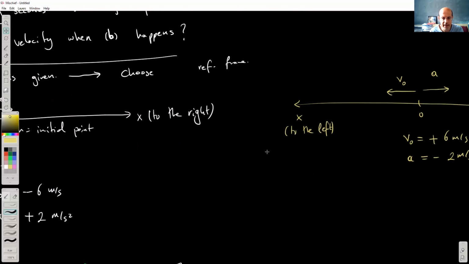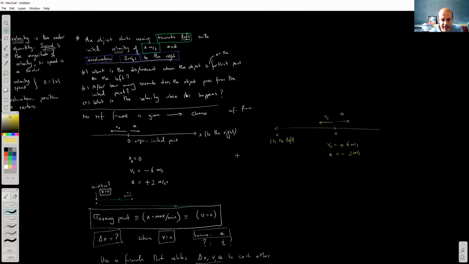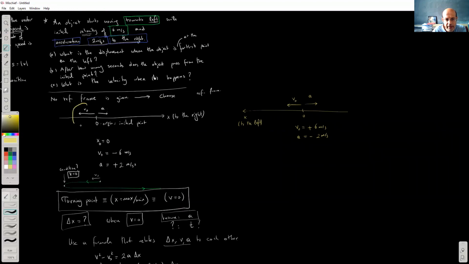Velocity is still the same, the acceleration is still the same, so they are in the same direction. The vectors are the same, but the reference frame has changed from right to left, and as a result, the initial velocity and the acceleration have changed values. So I'm expressing the same quantities with different numbers now.